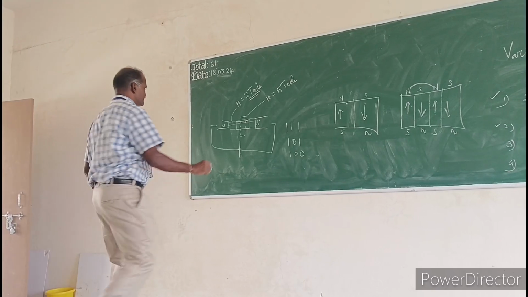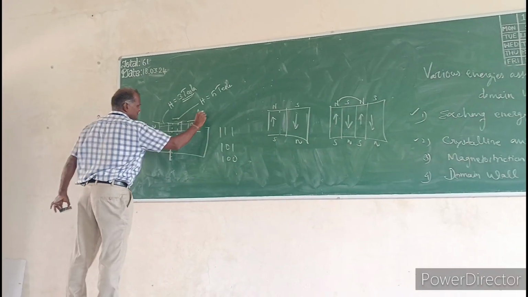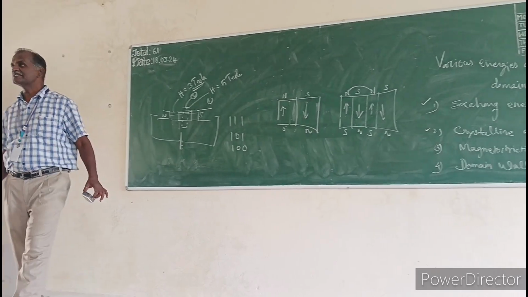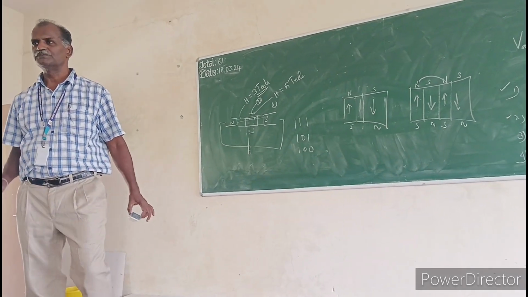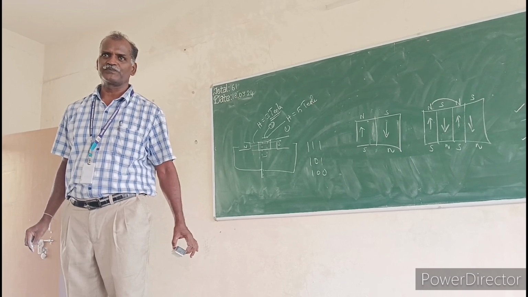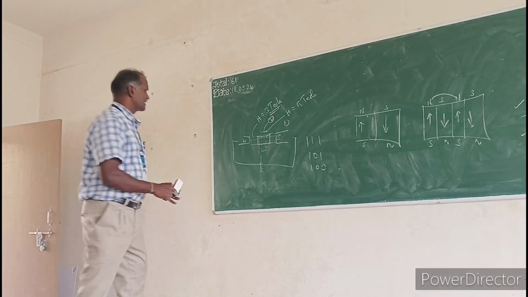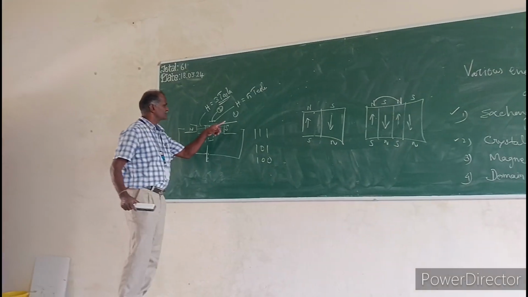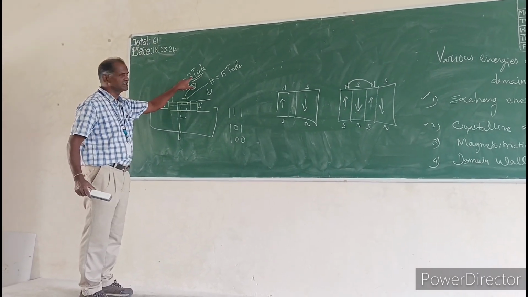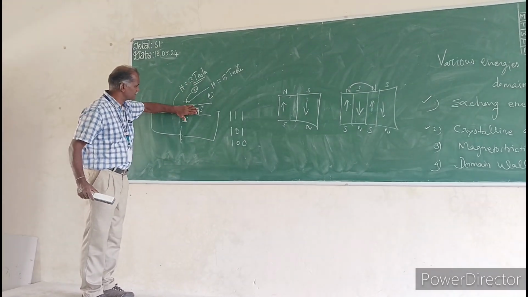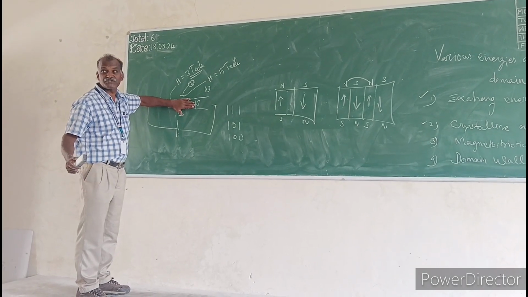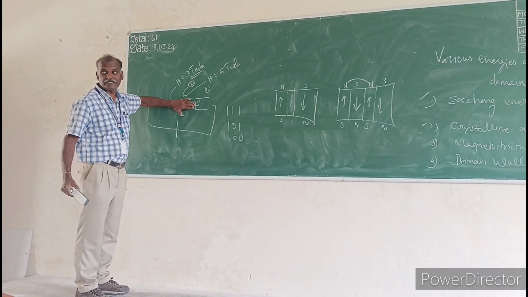Let it be the first case and the second case. Which case is easier for you? First case or second case? I can say in the first case we are using only 3 Tesla to magnetize the specimen to its maximum value, that is, it is saturated.